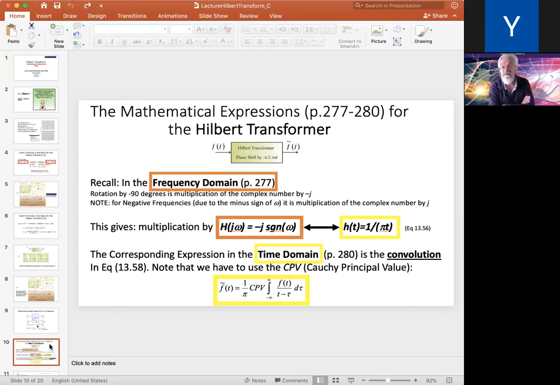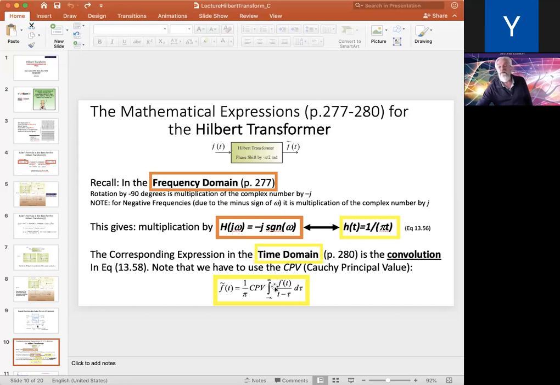And so if you wanted to characterize this system, you can say h(t) is 1 over pi t. That's it. Which now means that if I have some function f(t) that I want to convert to its Hilbert transform in the time domain, I can do a convolution of f(t) with 1 over pi t.